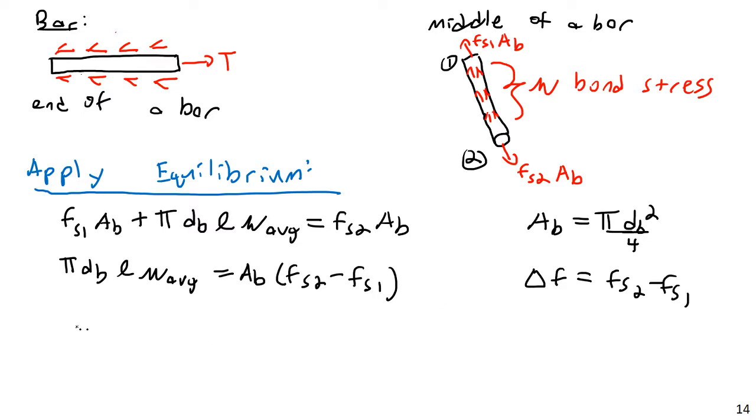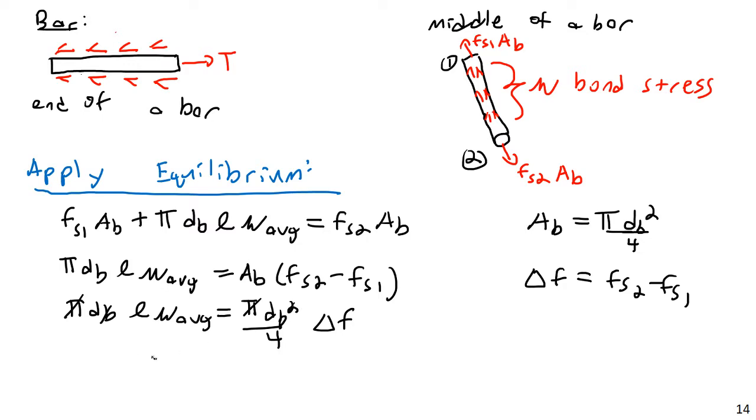If I then put in delta F and replace the area of the bar with this expression here: pi dB L mu average equals pi dB squared over 4 times delta F. And in turn, the dB and the pi will cancel out and the square will go away.